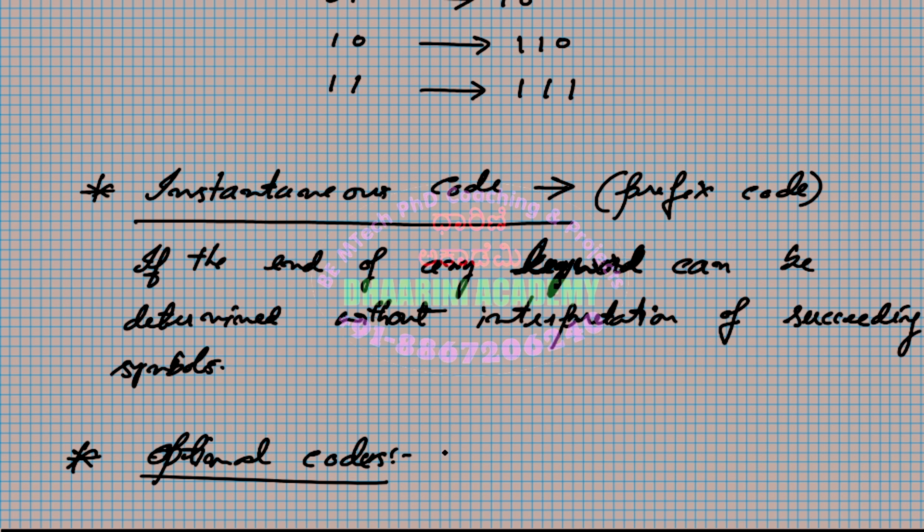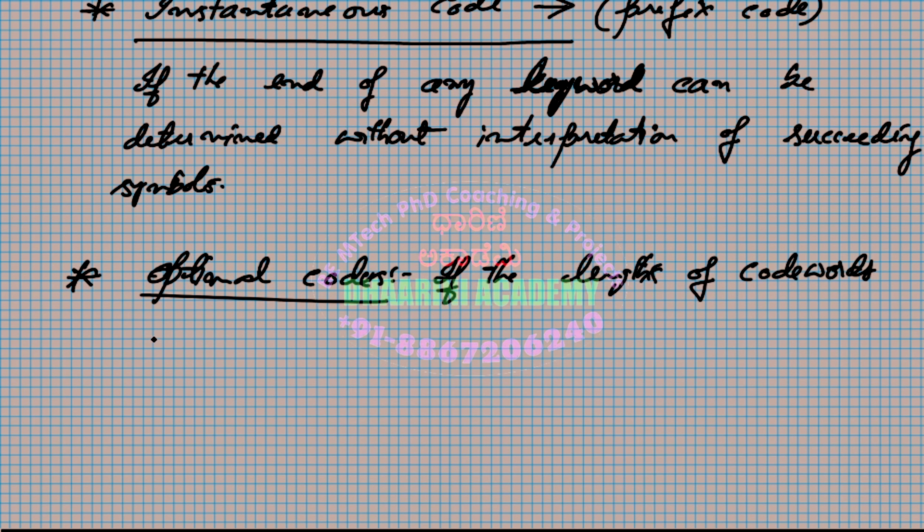So I'll quickly write here: if the lengths of the code words assigned to the symbols are minimum, then with the minimum length we try to assign various codes.